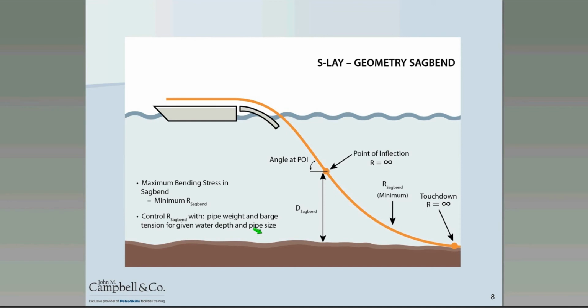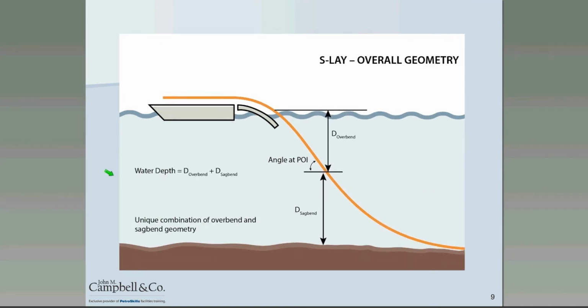So now we've talked about the overbend, coming off the barge at the surface into the water, down to the point of inflection, and now from the point of inflection down to the touchdown point, which is the sag bend. Okay, park this. Overall, the geometry then must match at the point of inflection. So if I look at the elevation change as the pipe enters the water down to the point of inflection in the overbend, D overbend, plus the change in elevation from the point of inflection down to touchdown point, or D sag bend, those two added together must be equal to the water depth.